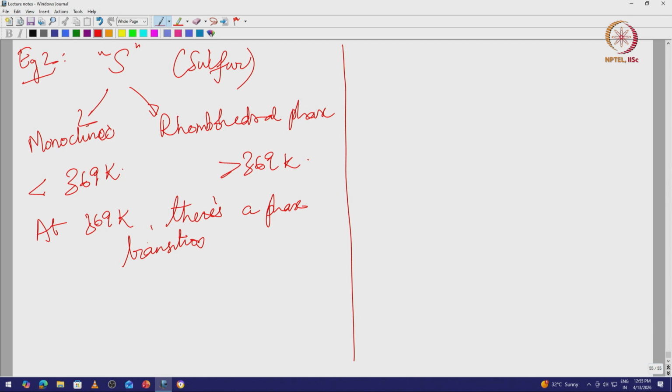Or in other words, S mono transforms to S rhombo. Now, what does it mean that there is a phase transition at 369 Kelvin? Let us look at what are called reaction coordinate diagrams.